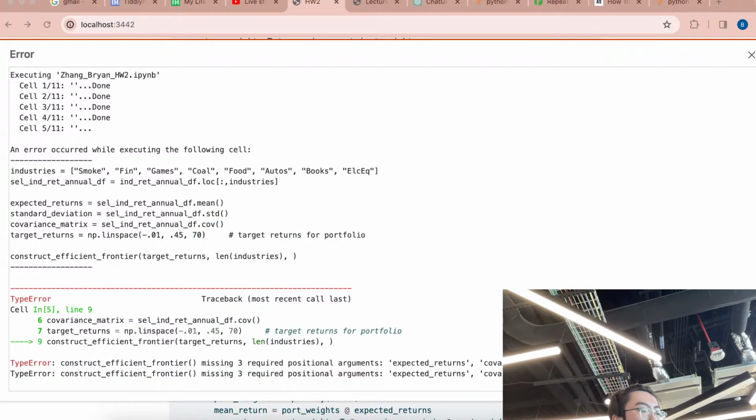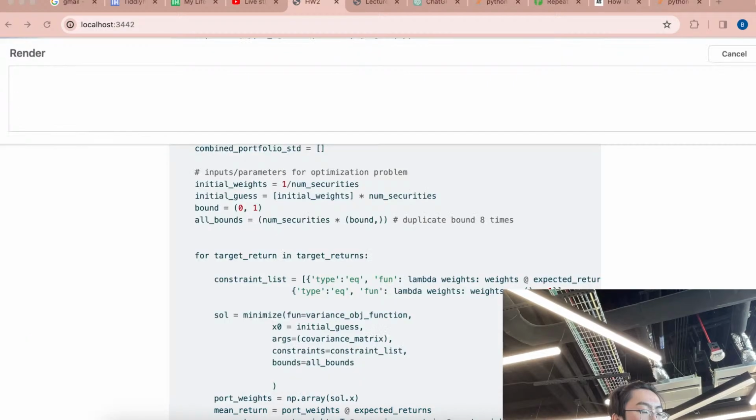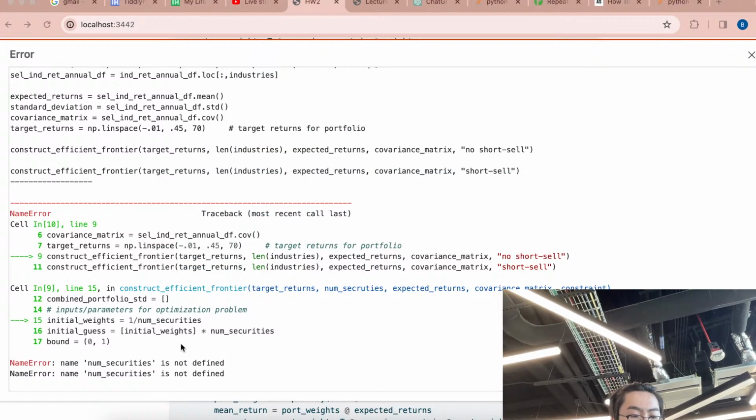Okay. So expected returns, and then standard covariance matrix. We also have no short sell. We need one for short sell, one for no short sell. Num securities is not defined.